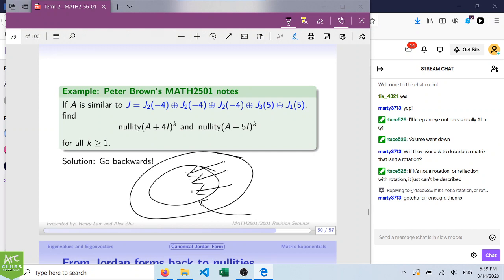So clearly the nullity of (A + 4i) to the 1 is going to be, if there is a Jordan block of size 2, that means the chain is of length 2. So this is representing a chain of length 2, a chain of length 2, a chain of length 2, and you'll pretty much get 2 particular kernels that you're looking at: the kernel of A + 4i, and then the kernel of (A + 4i) squared.